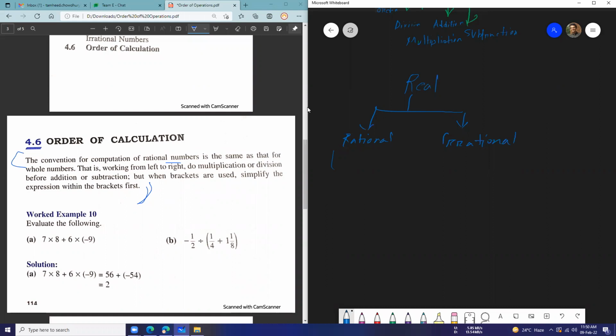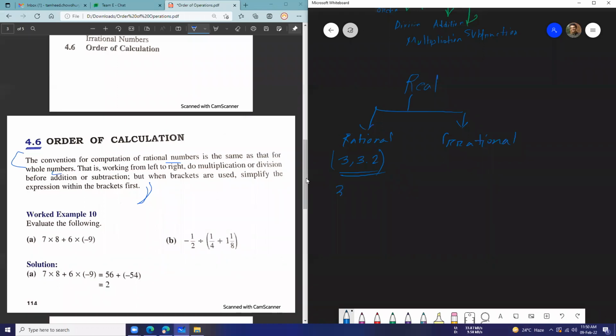I'm not sure, but 3.4. Is it okay? Yeah, 3.2. Yeah, it's fine. I didn't hear because your voice is a little cut out, but rational numbers look like this. Okay. So the convention for computation of rational numbers is the same as that for whole numbers.